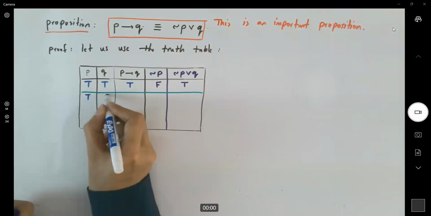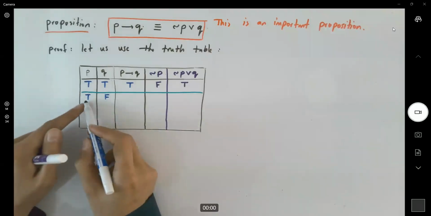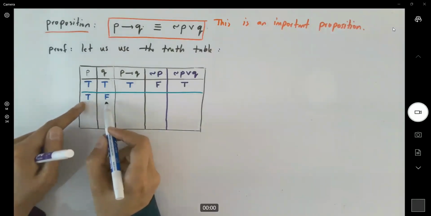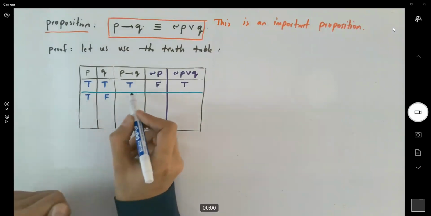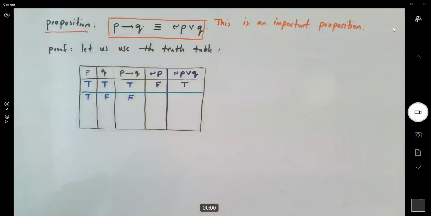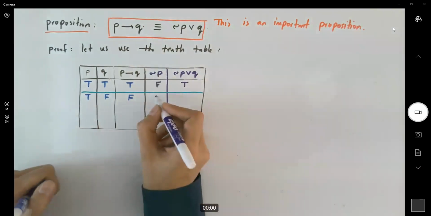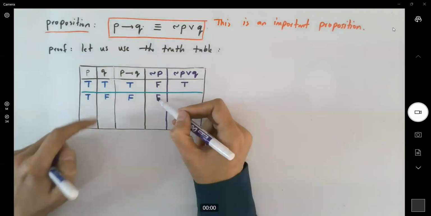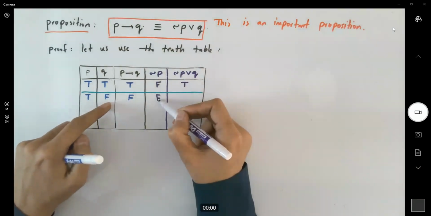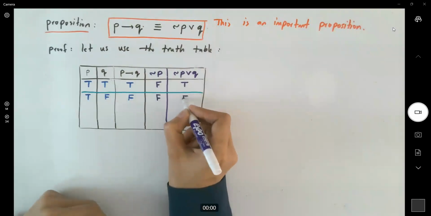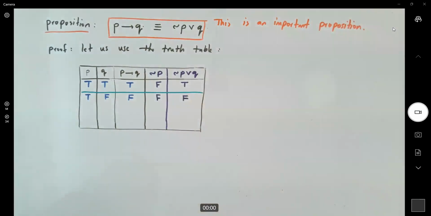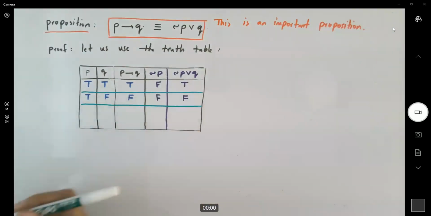P true, Q false, true then false is going to be false. Not true is false. False or false is false. So far, so good. Next row.